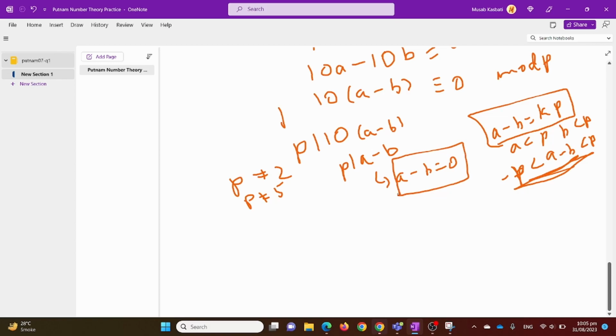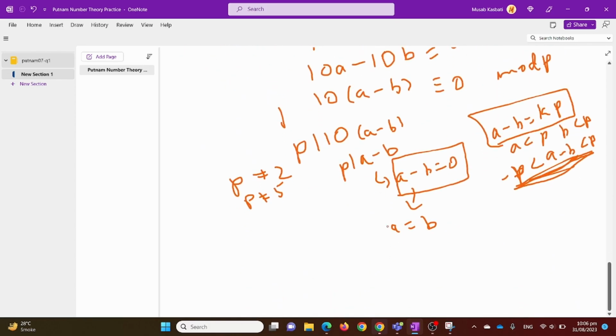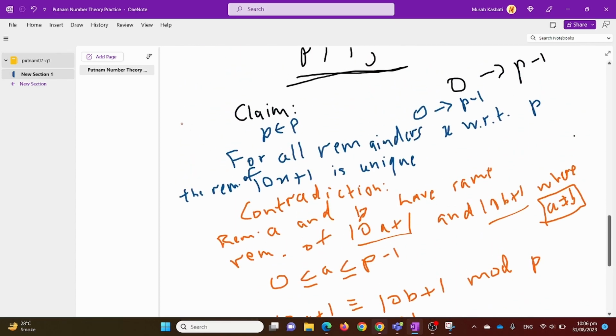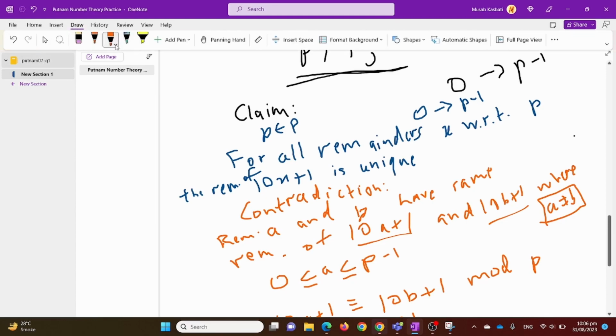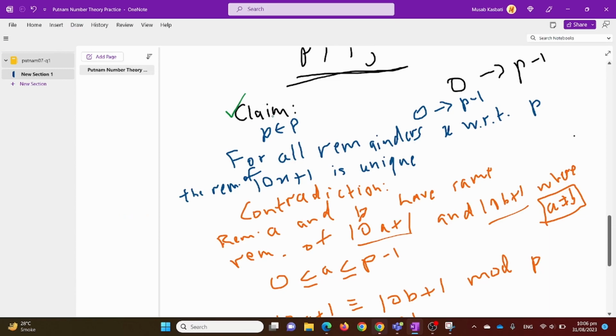That's the only multiple of p that falls within the range of values that a minus b can take. But if a minus b equals 0, then a equals b, which is a contradiction with our original claim, which means, very fortunately, that our claim is validated, right? And to reiterate, our claim is basically saying that if my remainder is unique, then 10 times that remainder plus 1 is going to be unique.